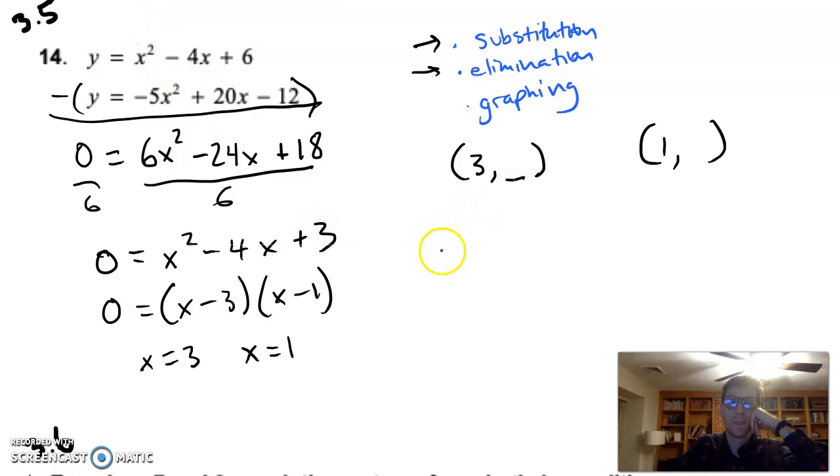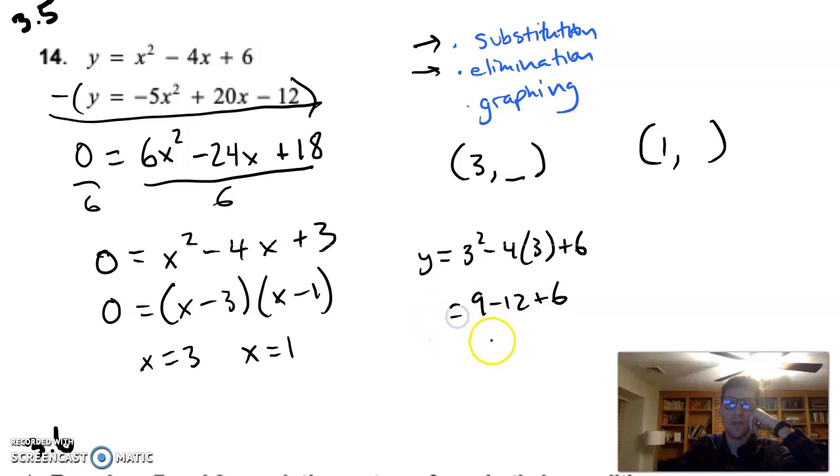I would get y would be, in that first case, 3 squared minus 4 times 3 plus 6, which is 9 minus 12 plus 6, which would be negative 3 plus 6, which is 3. So the point 3, 3 should be one point of intersection. Then I could plug in 1 into that same equation. Could I have used this one?